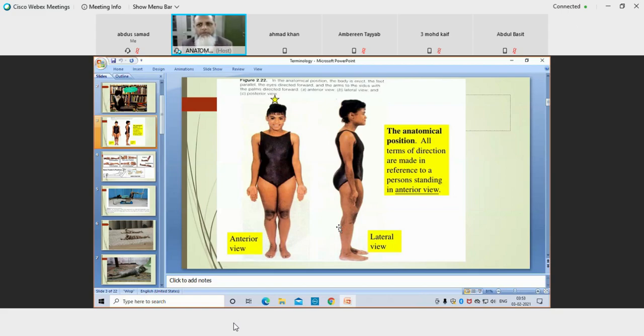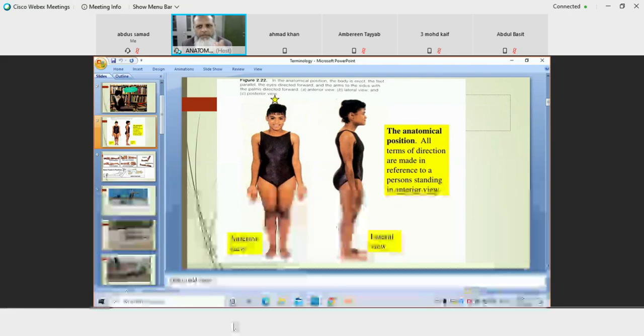We have talked about the terms related to the trunk of the body, the upper limb, and the terms used for the description of the lower limb. Summarizing, we have talked about lateral, medial, superior, inferior, superficial, deep, proximal, distal.